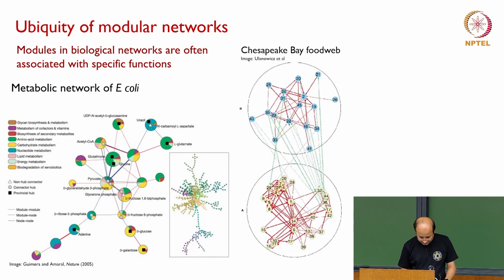And there are modules primarily dealing with nucleotide metabolism, the sand colored ones. Then if you look at, for example, food webs, again you see that the species divide into groups which are very strongly interconnected within each module and relatively very weakly interconnected across modules.